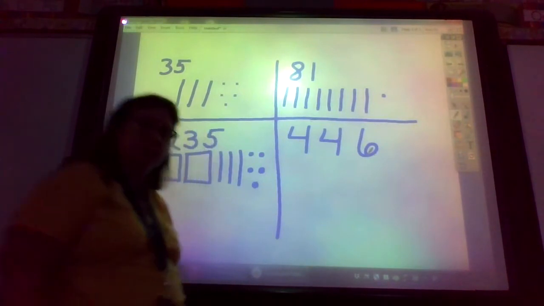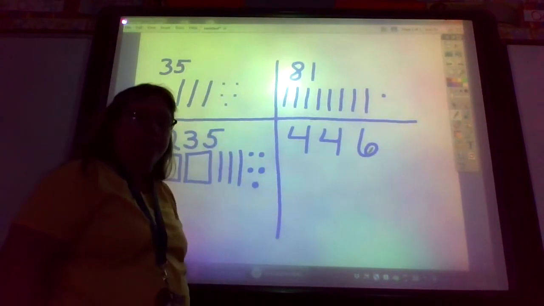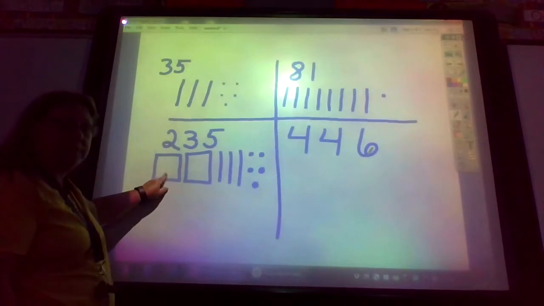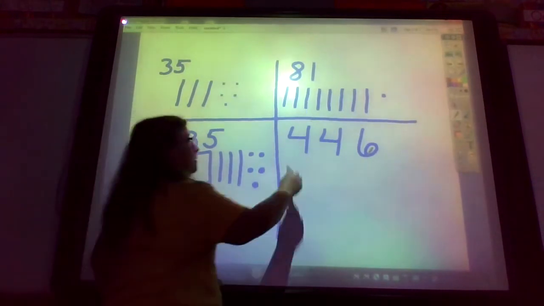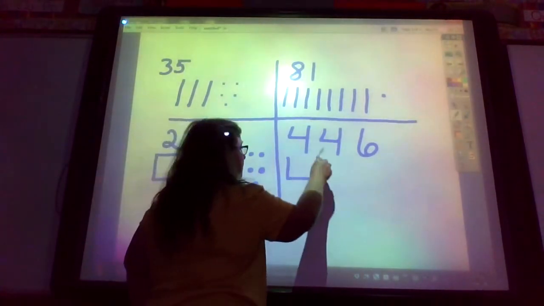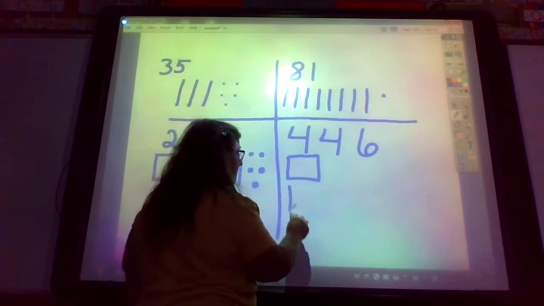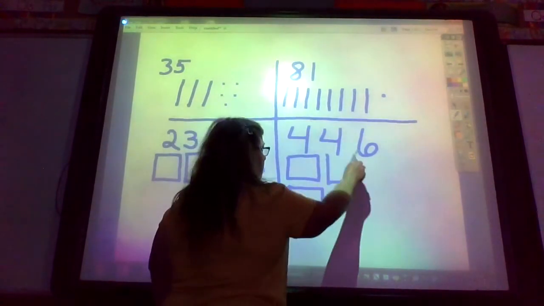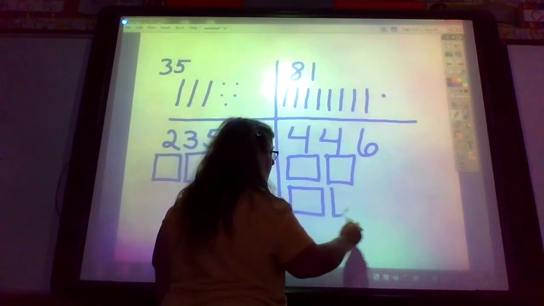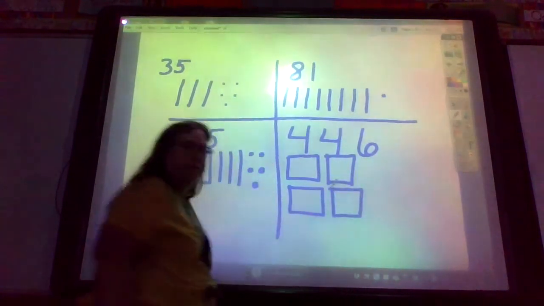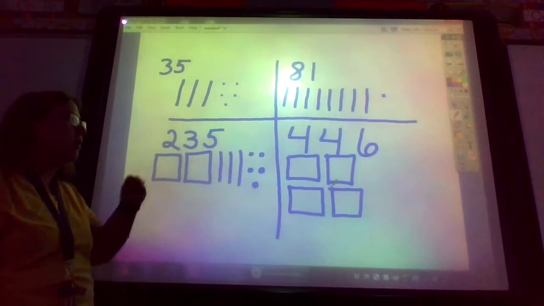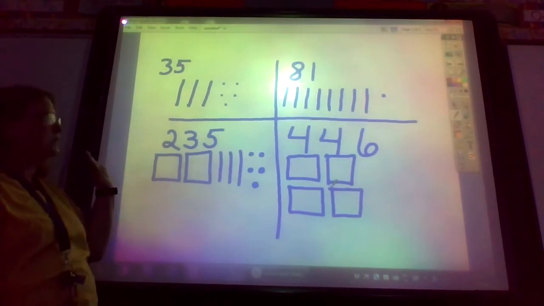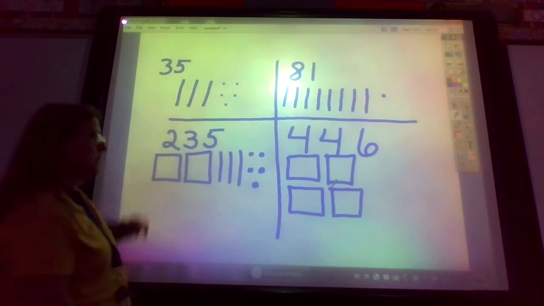Too many lines for me. They'd never fit on my paper. So we are drawing the big boxes. Here's 100, 200, 300, 400. I always start on the left-hand side and go forward, okay?